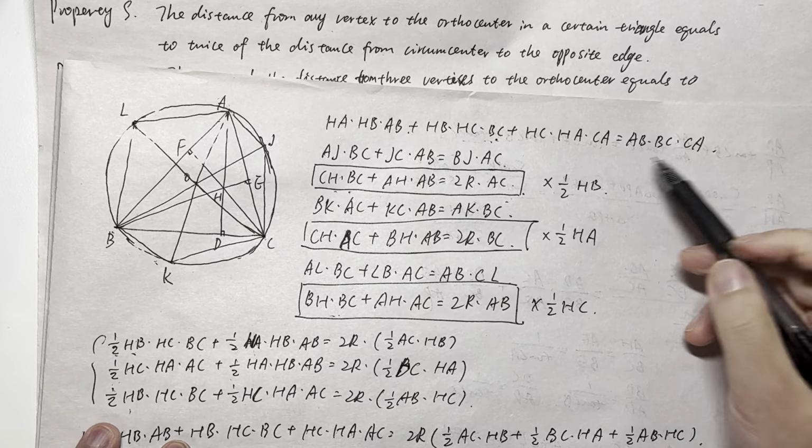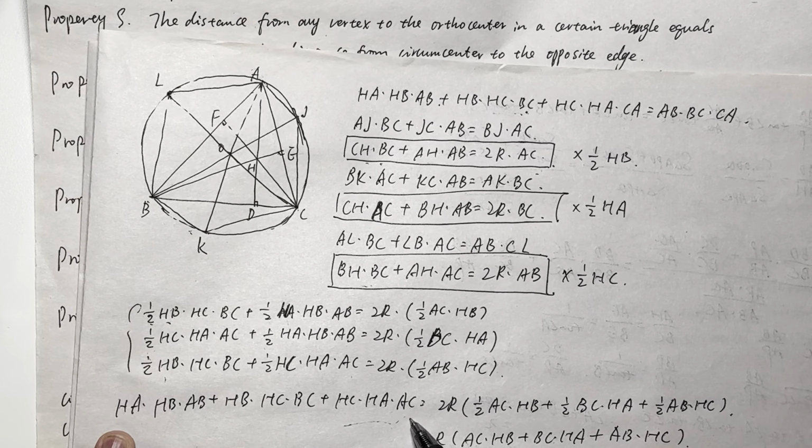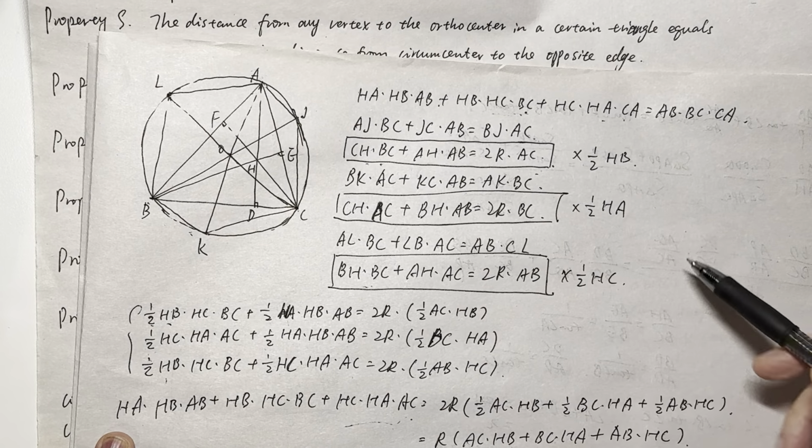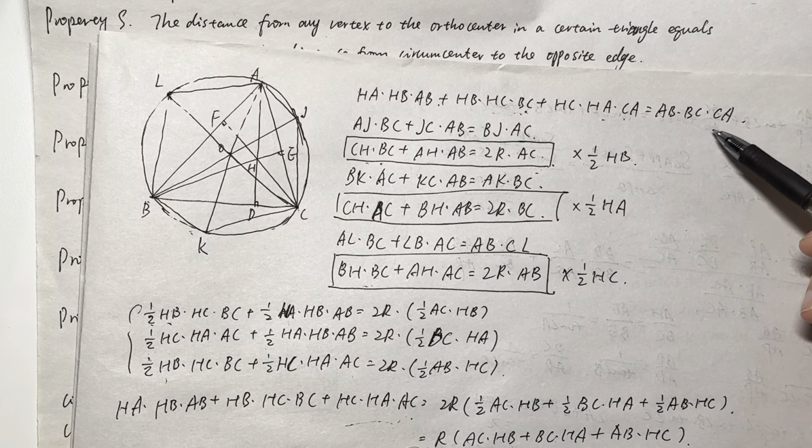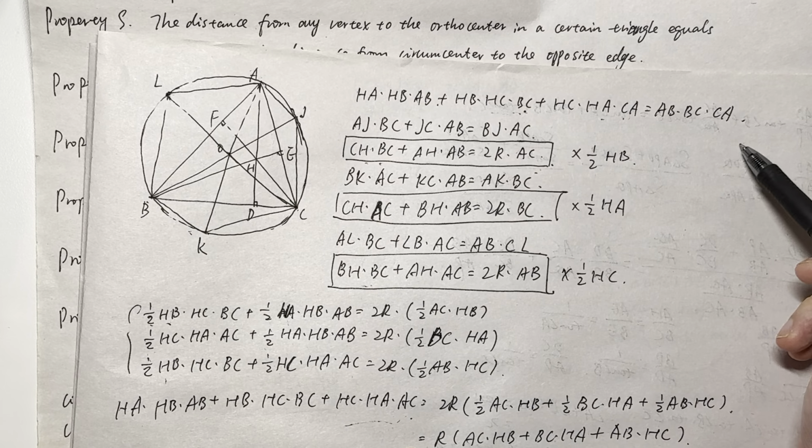And look at the right side. The left sides of the equations are the same, and we want to prove that the right sides are the same. Then we just prove this is true, right?